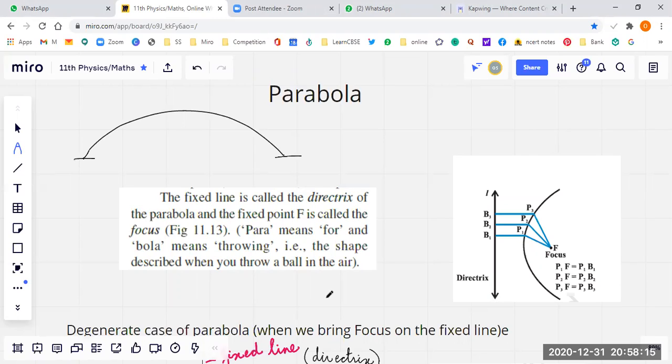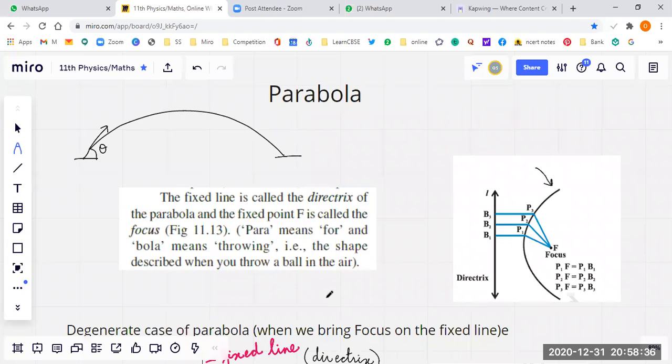Here it is thrown at an angle theta with the horizontal. Shapes like this are known as parabola. Hence, this shape is also parabola. We want to study it in detail.